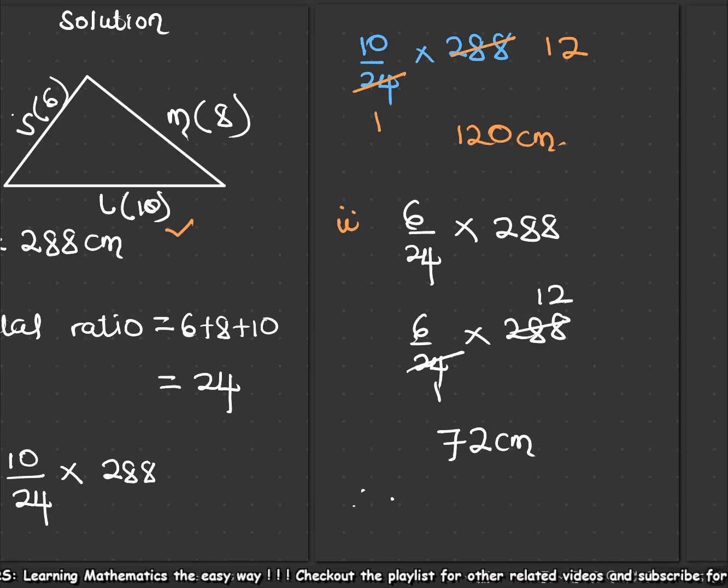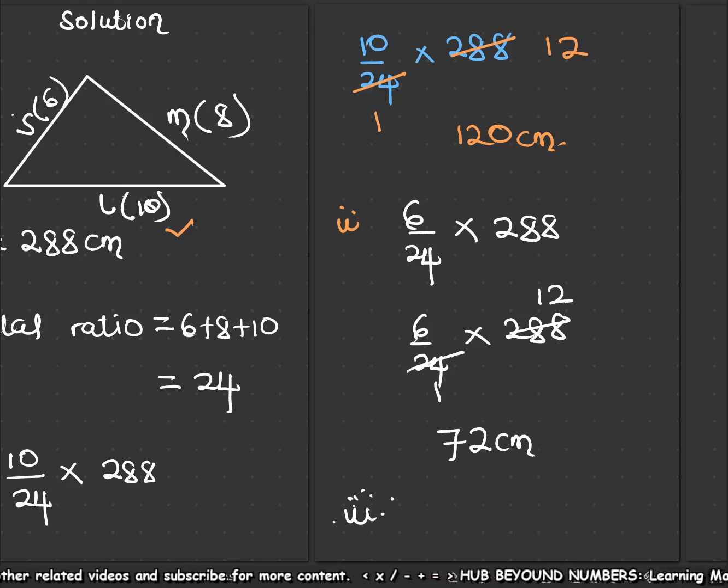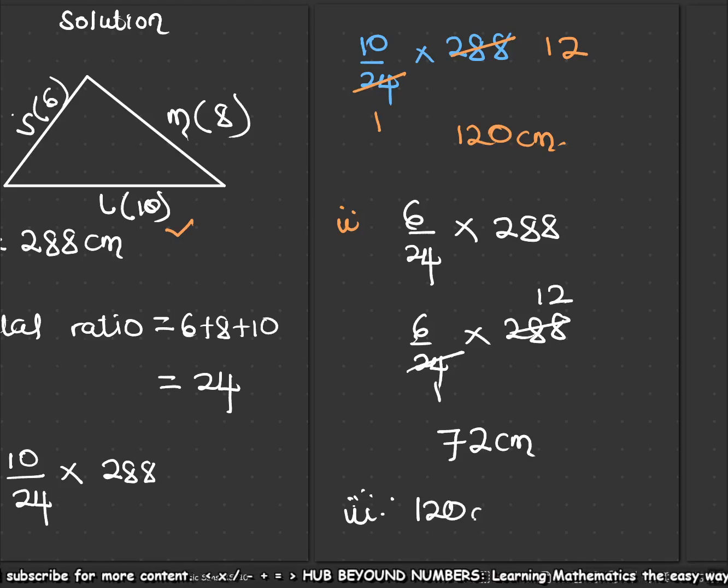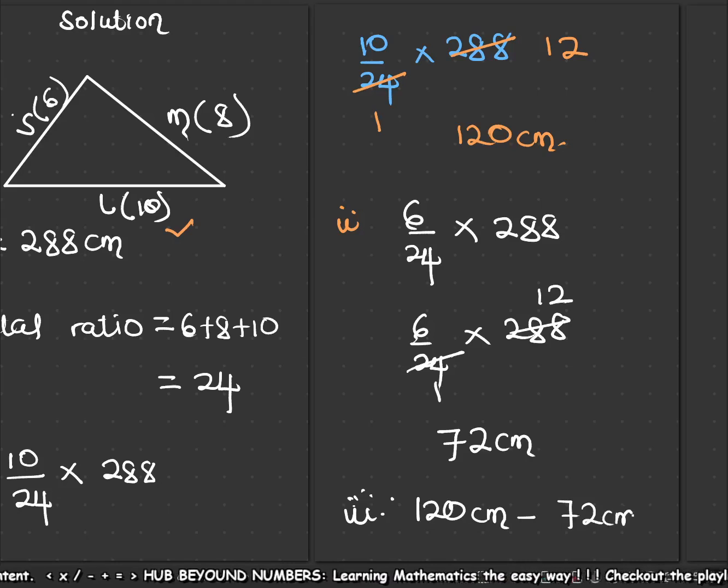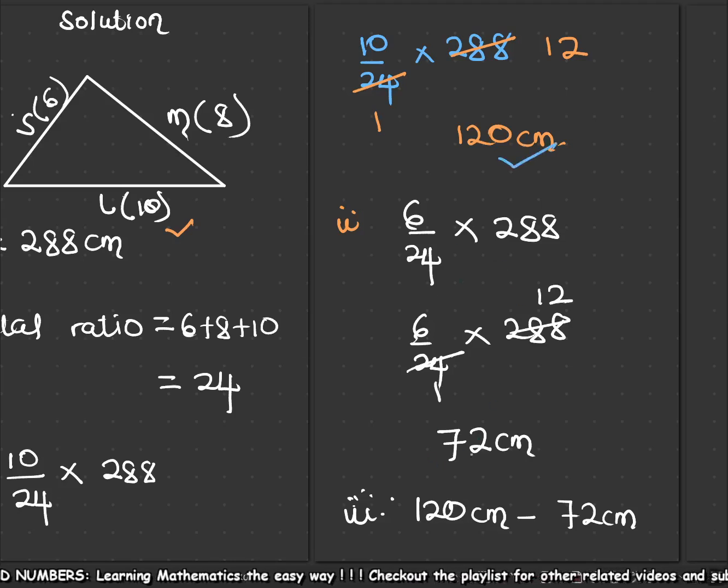Then the last part of the question says we should look for the difference between the shortest and the longest. This simply means if you weren't able to evaluate the earlier parts correctly, you are going to get this one wrong also. So the difference is going to be 120 centimeters minus 72 centimeters. Remember, the longest one was 120 and the shortest one was 72.